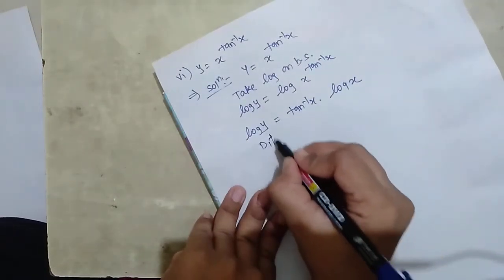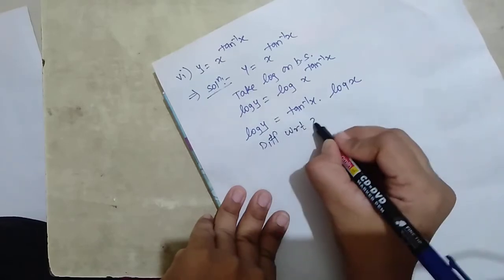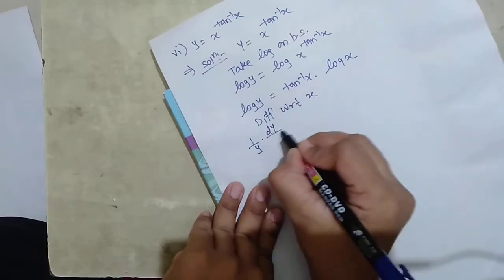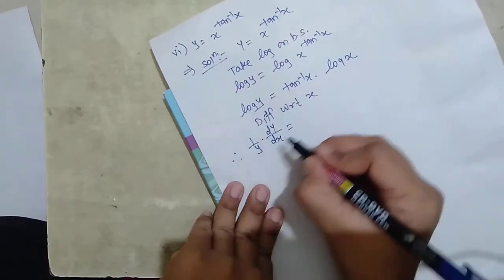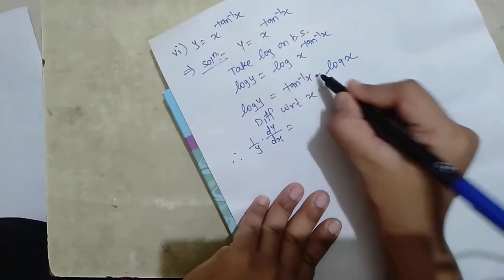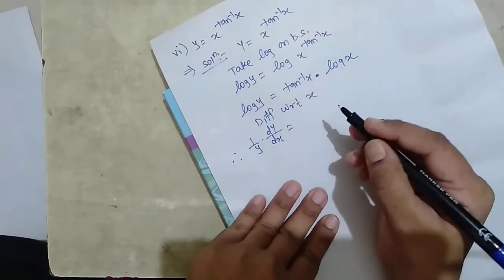Now we will differentiate with respect to x. So derivative of log y is 1 upon y into dy by dx. It is equal to, see, these are two functions of x which are in multiplication, so we will apply the u into v rule.